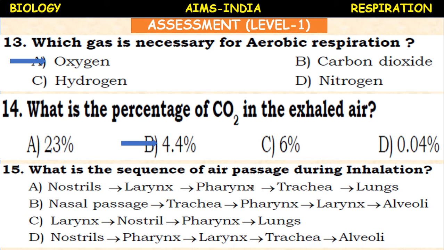These are all the parts of the respiratory system. Option D represents the correct sequence. External air from the nostrils enters into the pharynx, then larynx, then trachea opens into alveoli.